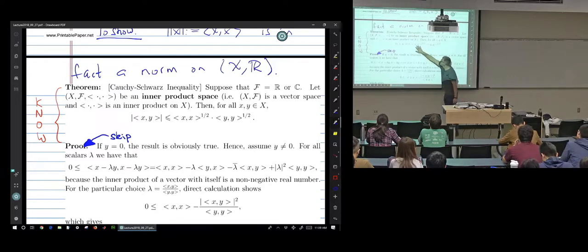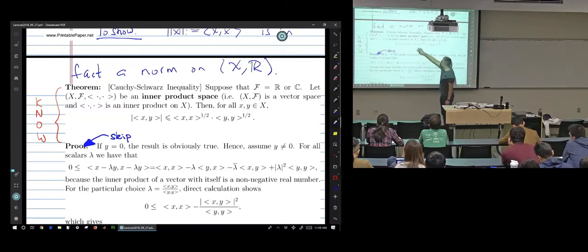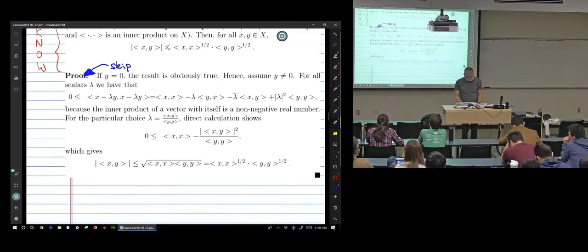So this is real and this is real, so these square roots are fine, but this in general is a complex number, so it's a magnitude. In the case of the reals, the inner product can be negative, so I'm taking absolute value, but these are non-negative. Okay, so the proof is just a substitution and a painful calculation, and it shows nothing. You don't learn anything from it.